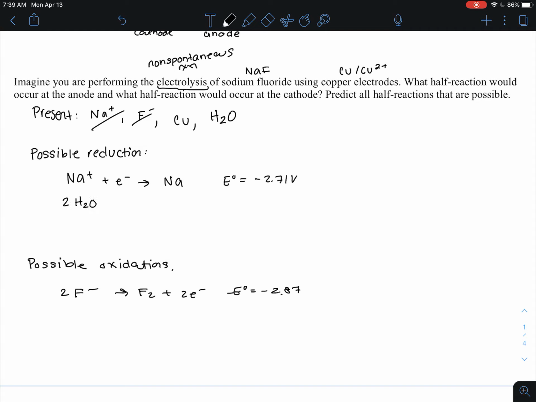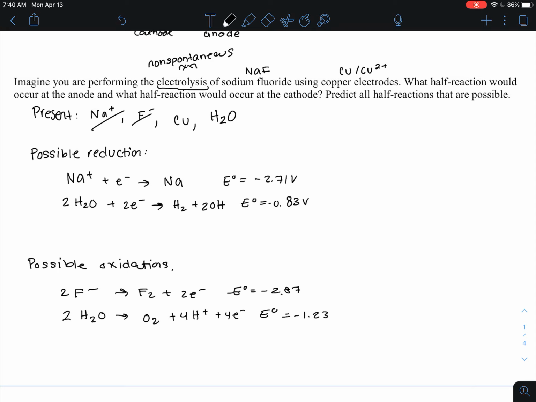So you would write one possible reduction for water and one possible oxidation. And then oxidation would be 2H2O to O2 plus 4H plus plus 4 electrons.